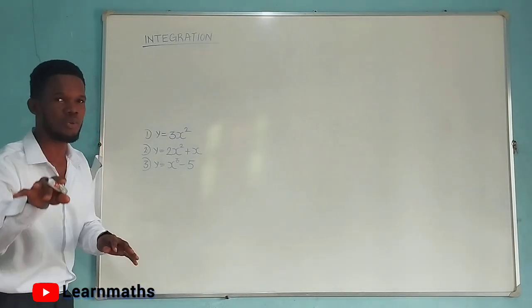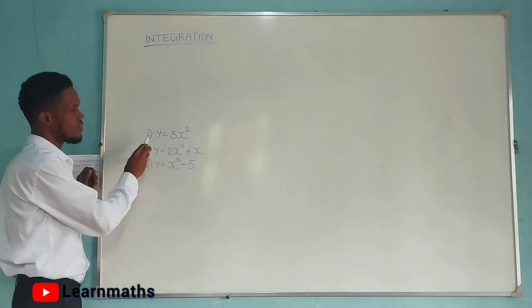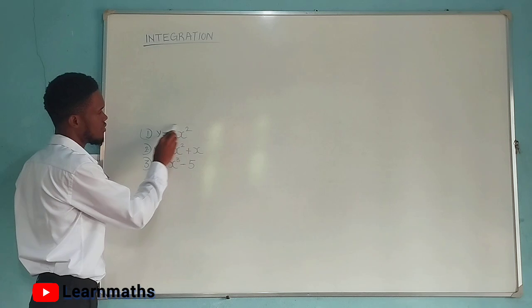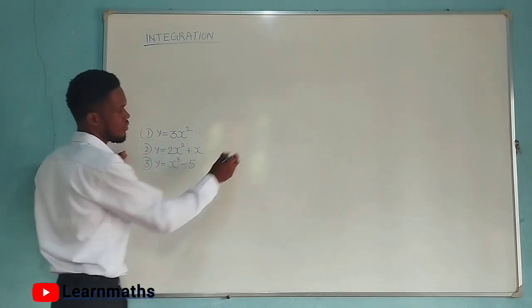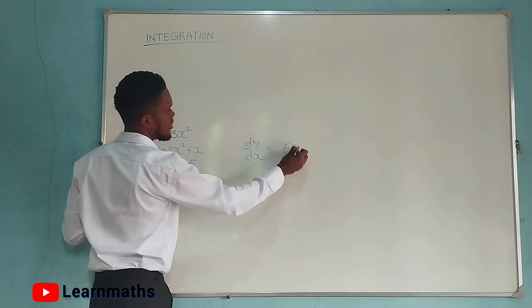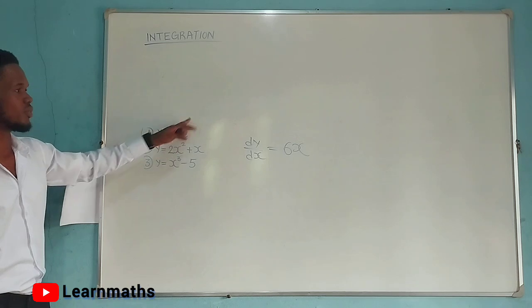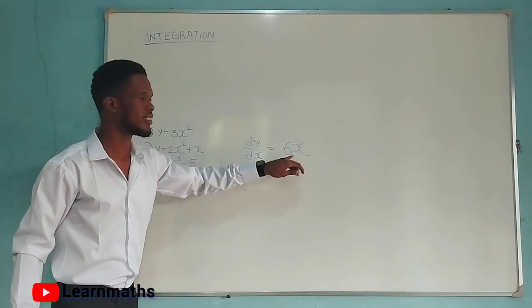From the previous video where we talked about differentiation from first principle, we differentiated this function, y equals 3x squared, and our answer for dy/dx was 6x.